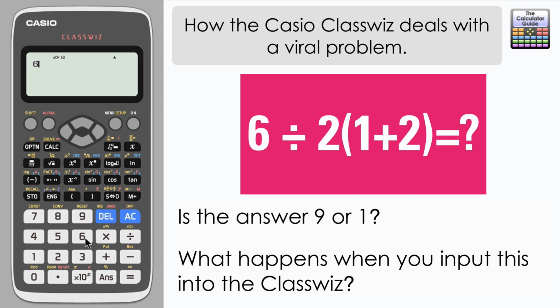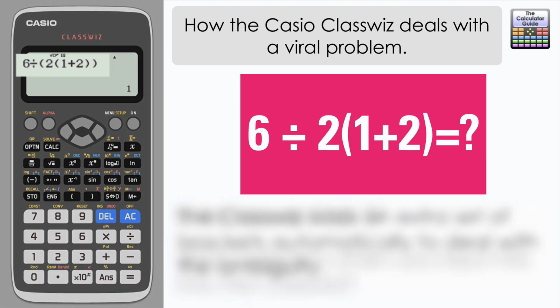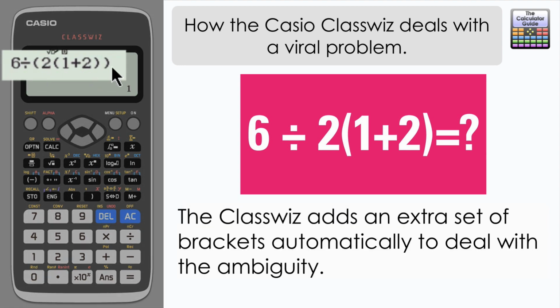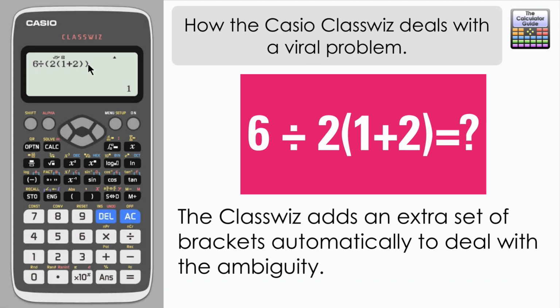So what I'm going to show you is what happens when you input this into the Classwiz. If we input this carefully as it is written and press equals, notice how the Classwiz has added an extra set of brackets, or parentheses, around the first two after the divide sign and then at the very end.